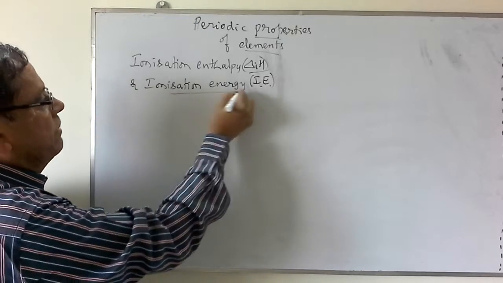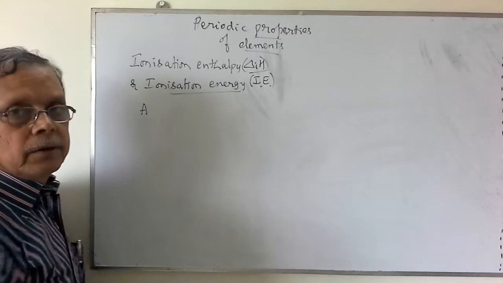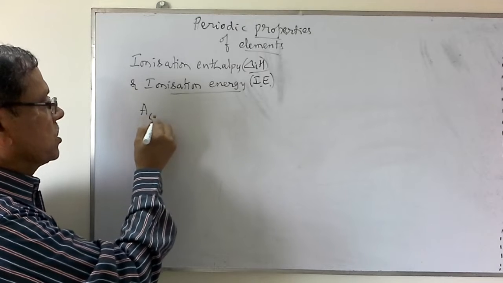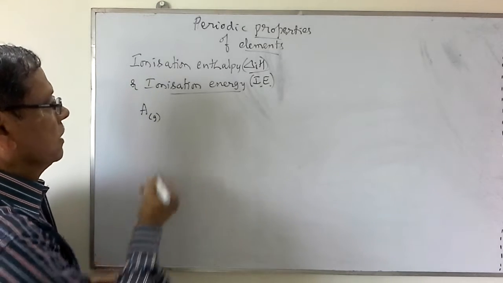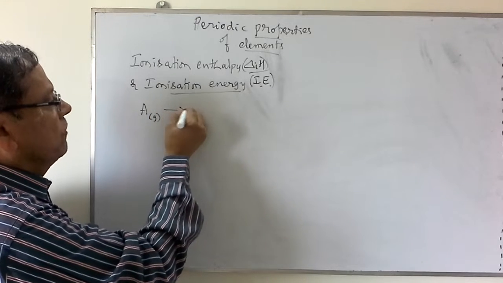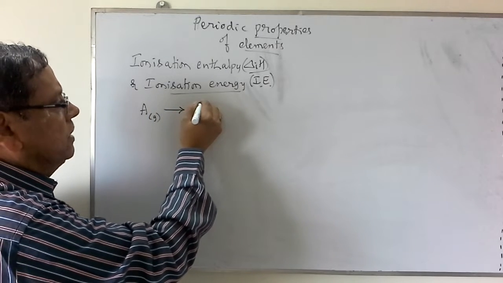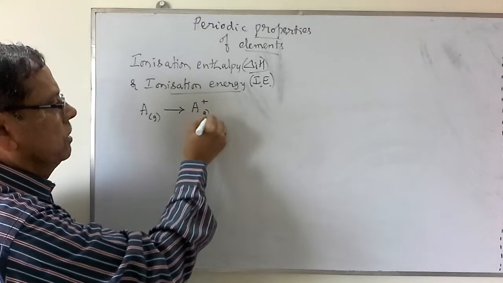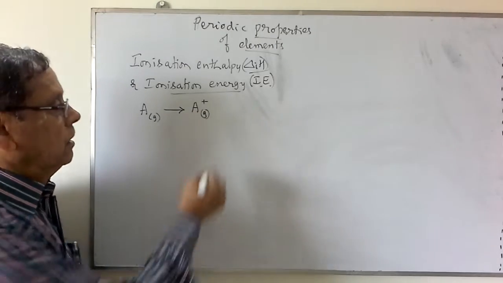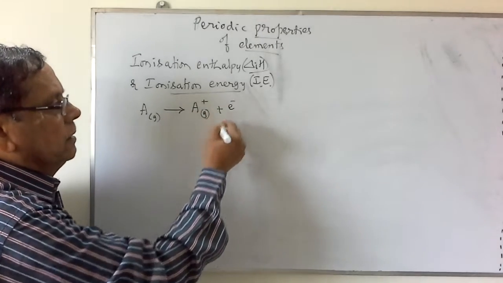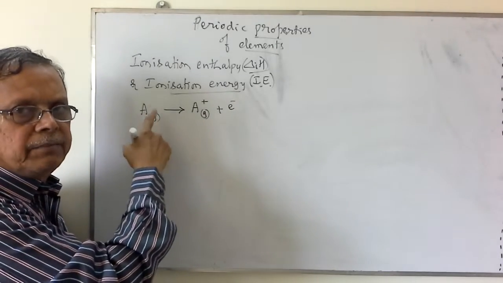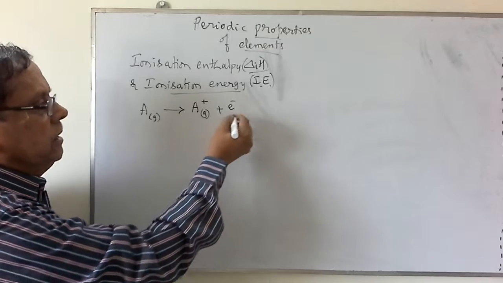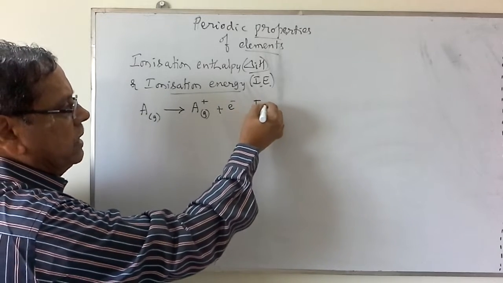When you consider an element in the isolated gaseous state but in the ground state, the energy required to remove an electron from the isolated gaseous atom in its ground state, to give rise to a positively charged particle, is called the ionization energy.